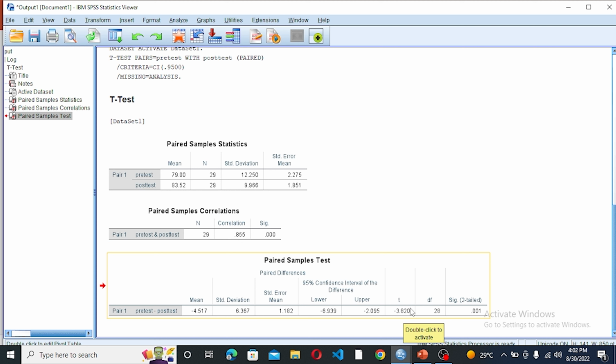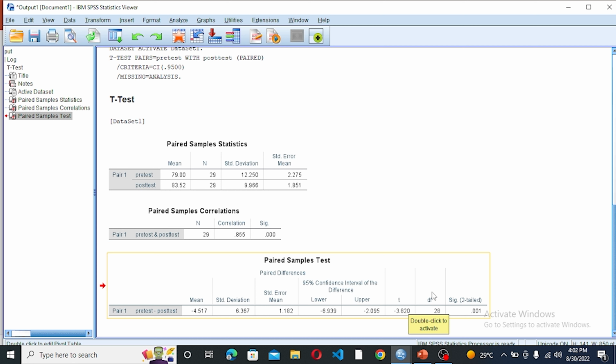And the decision rule is that for us to reject the null hypothesis, to accept that there is a significant mean difference, the absolute value of the t-test must be greater than the critical value at 0.05, which is 1.96. So 3.82 is greater than 1.96.